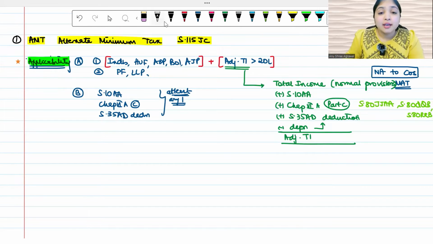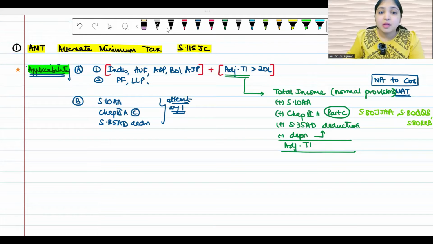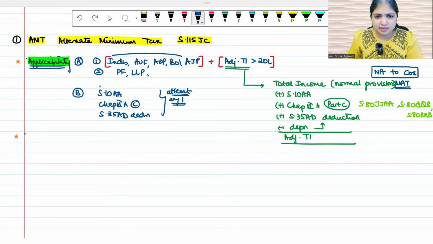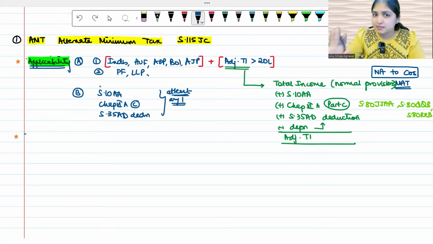All right, guys. Now listen, this was my first point under AMT, about applicability. Now listen, how does this whole process of AMT even work? What is AMT and how does it work? If these criteria of applicability are fulfilled, say the assessee is an individual, adjusted total income is more than 20 lakh, and the assessee is having one of these, so let's say AMT is applicable.